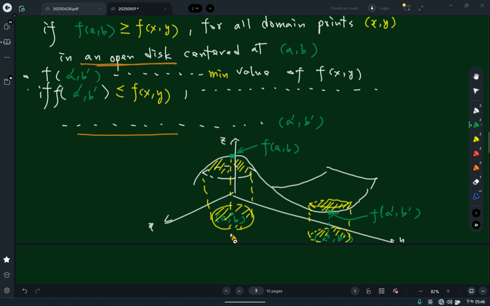Then you can see the maximum value is always larger than or equal to its neighbors. But for the minimum value, this point is always lower than or equal to its neighbors. So this is the local maxima and local minima. Okay, so this is a very simple example.